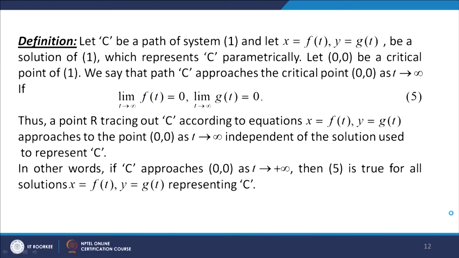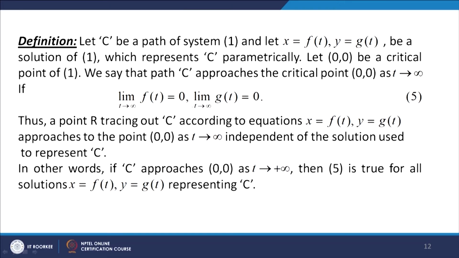Now, let us assume that C is a path of the system 1 and let x equal to f(t), y equal to g(t) be a solution of 1 which represents C parametrically, and let us take 0, 0 to be a critical point of 1. As we have already said, this point 0, 0 is an isolated critical point. Now, we say that the path C approaches the critical point 0, 0 as t goes to infinity if limit t goes to infinity f(t) equal to 0 and limit t goes to infinity g(t) equal to 0.